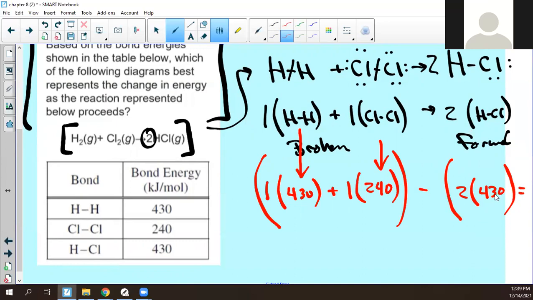Ready? 670 minus 860 is negative 190. Negative 190, which would mean this is an exothermic process.